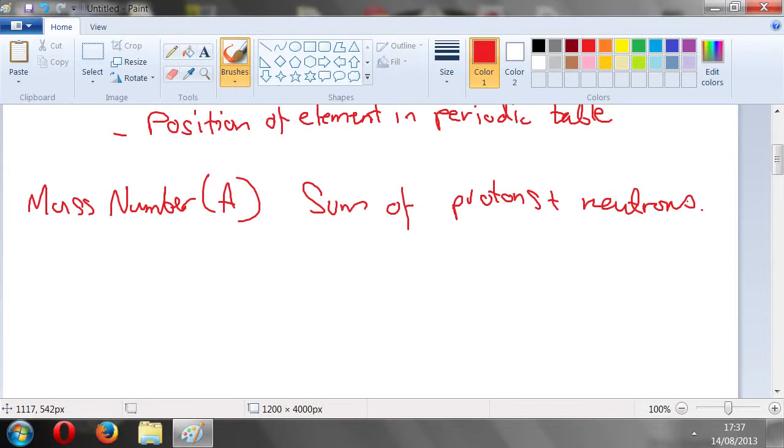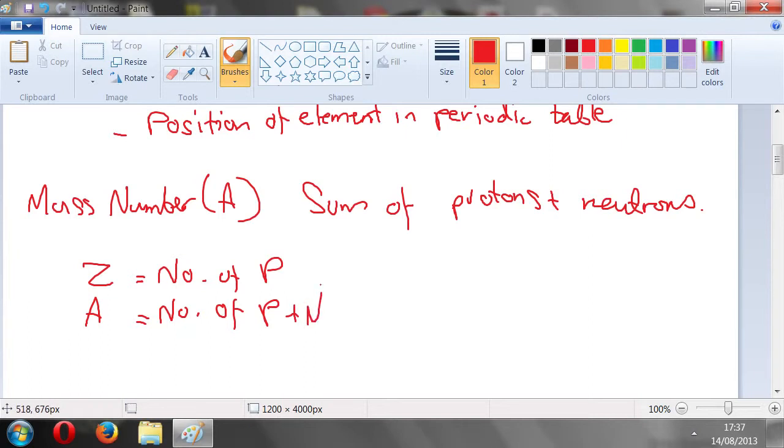So atomic number is number of protons, mass number. So Z, number of protons, A, number of P plus N.